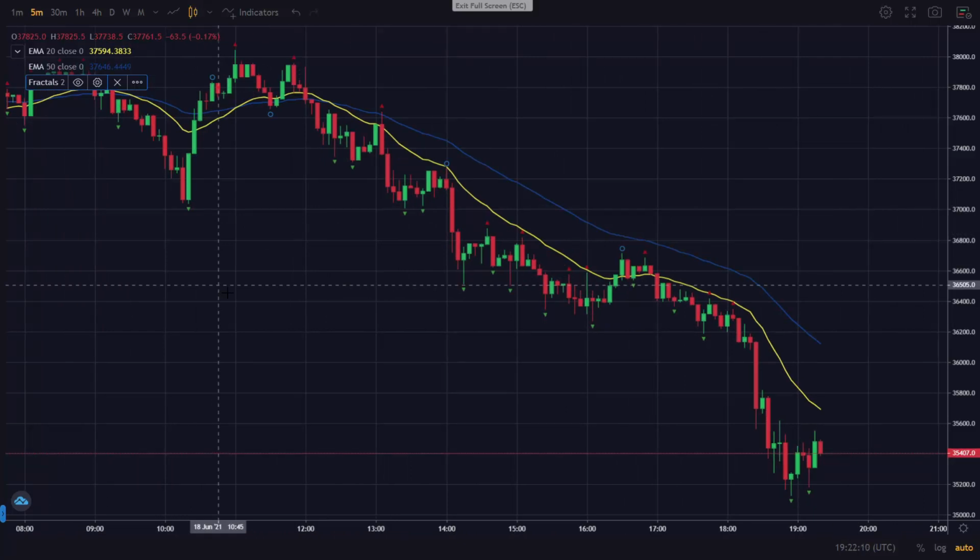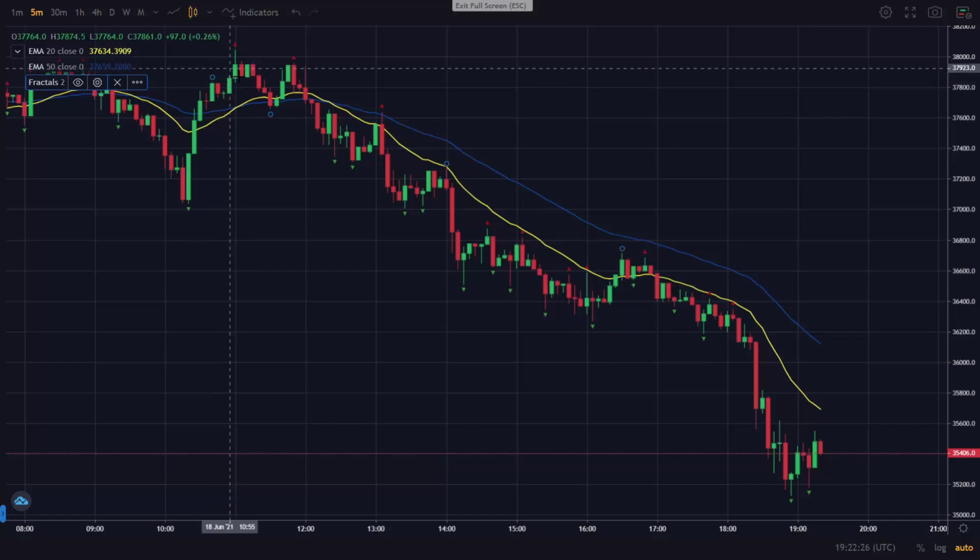So what the Williams fractal shows you is an extreme point in a set of candles compared to the candles around it. It gives you the most extreme points of those candles and will show an arrow to show these extreme points. So what this basically means is, if you take this candle here, for example, which has a red Williams fractal indicator above it, it's showing you the most extreme point compared to the candles around it.